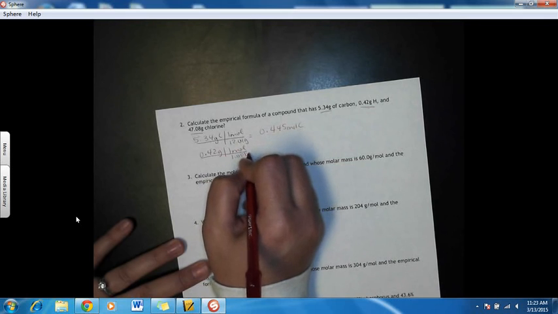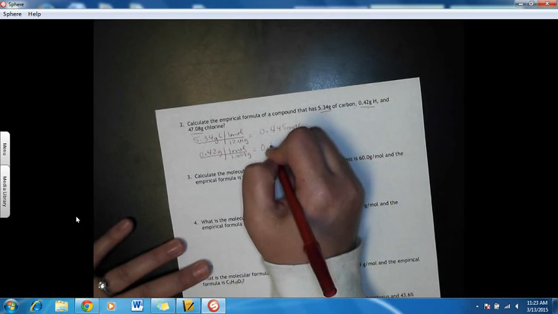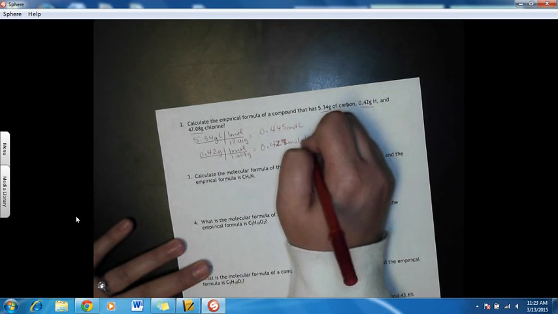And we'll do the same for hydrogen, 0.42 grams. 1 mole of hydrogen is 1.008 grams. 0.42 divided by 1.008 gives us 0.417, or 0.42. We only had 2 significant figures there, right? 0.42 moles of hydrogen.